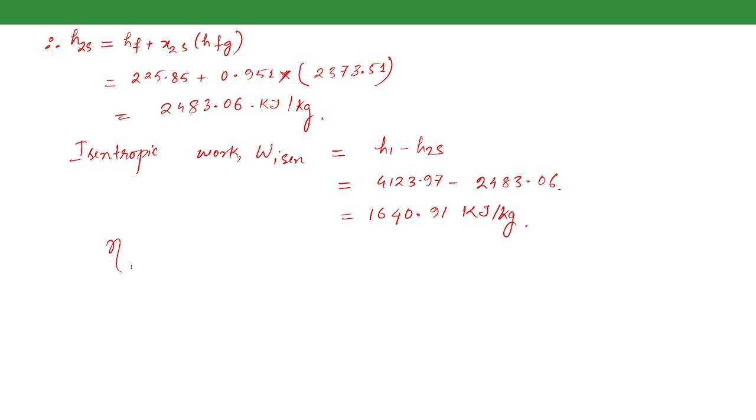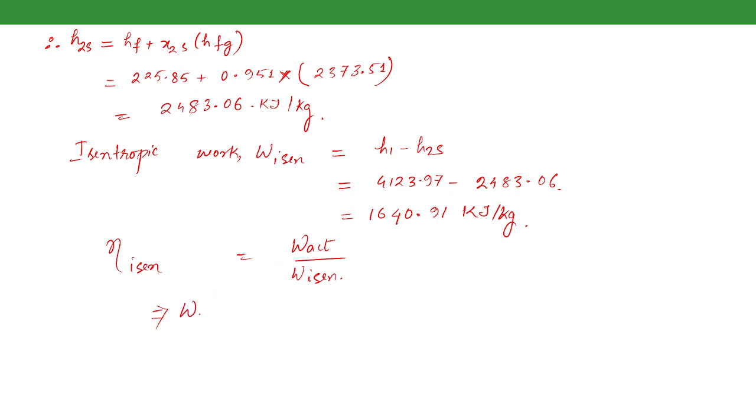We know the isentropic efficiency is equal to the actual work output by the isentropic work output for a turbine. For a compressor, it will be the reciprocal of this: isentropic work input by actual work input. But for a turbine, it is the actual work output by the isentropic work output.